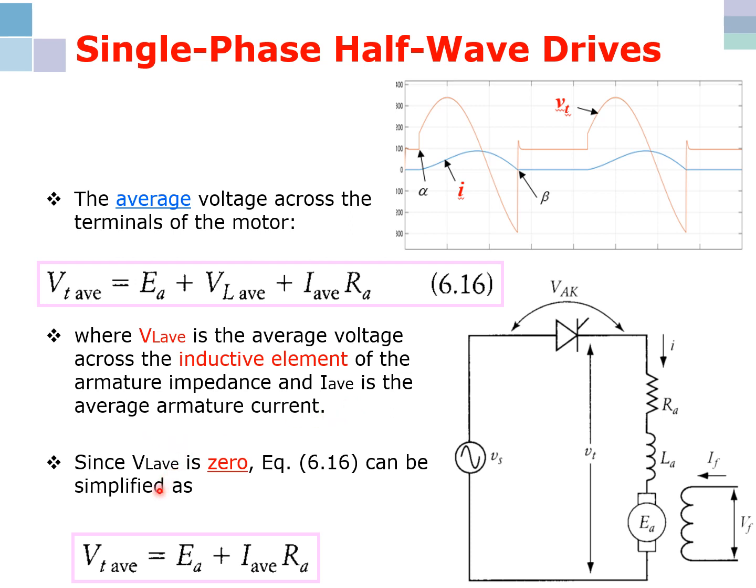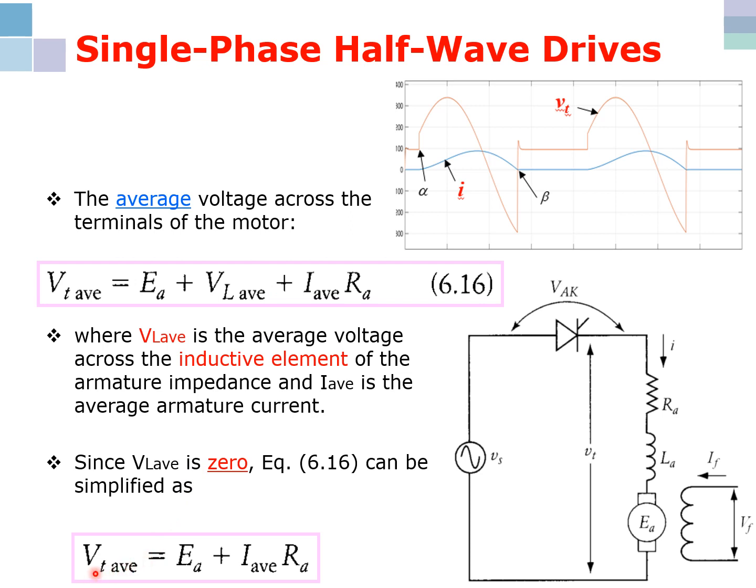Since the VL average is 0, equation 6.16 can be simplified.